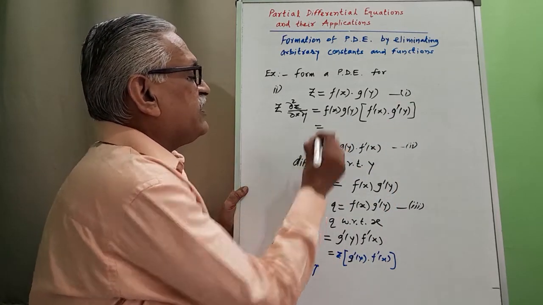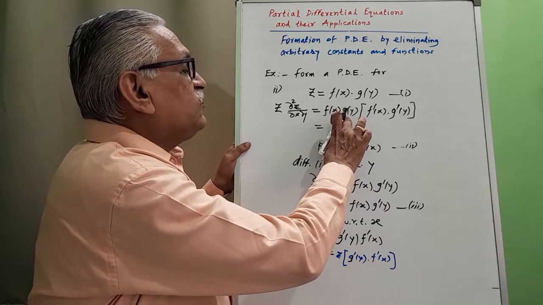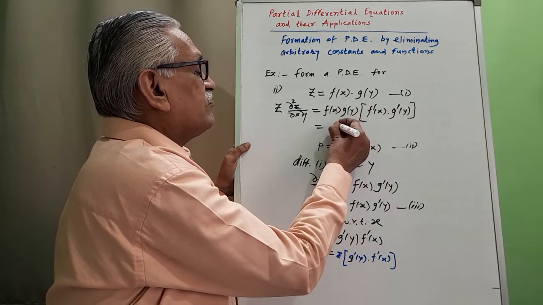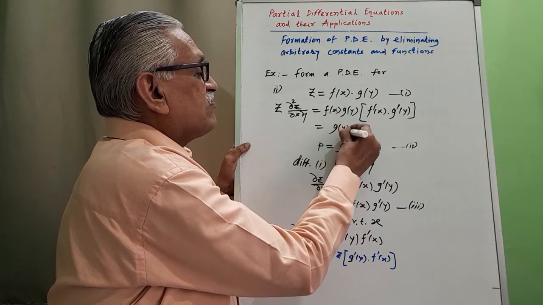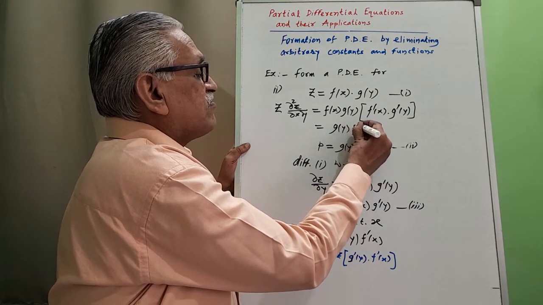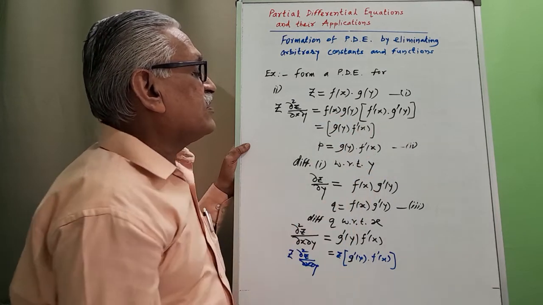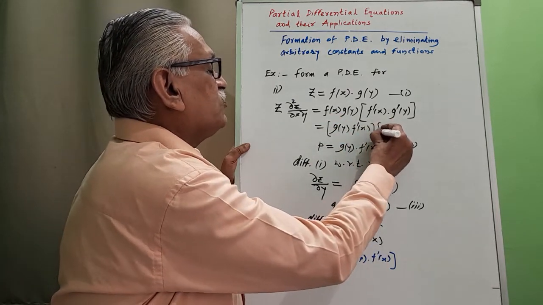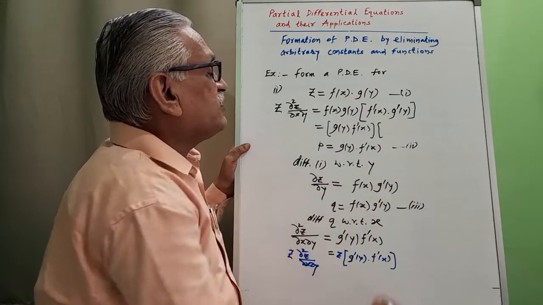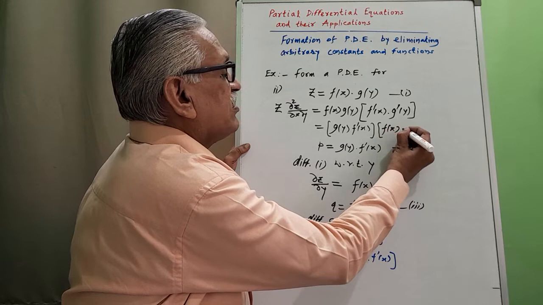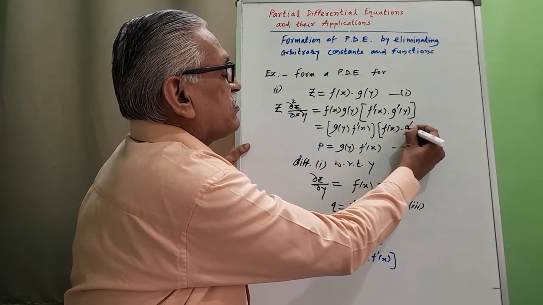We try to rewrite this g(y) into f dash of x as first term, and second term as into remaining term. Remaining terms are f of x into g dash of y.